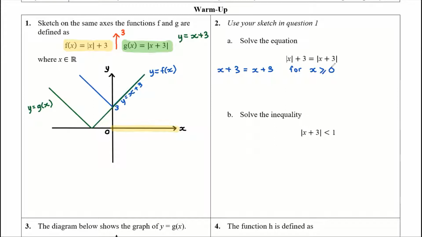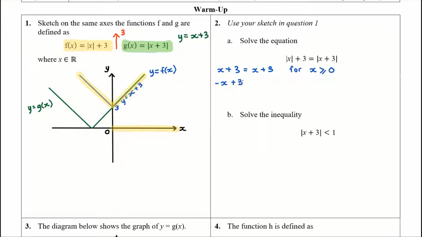Now, you can see from the sketch as well, there is no point of intersection between the two negative branches. But there is a point of intersection between the negative branch of f, which I'll just highlight here, and the positive branch of g. So if we try and solve that, what happens? Well, if I take the negative branch of f, that's simply going to be minus x plus 3.